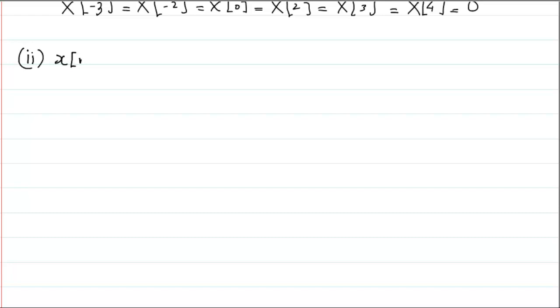We are having x of n is equal to cos pi by 3n plus sine pi by 4n. Let me write it properly. Now here we are having two signals.